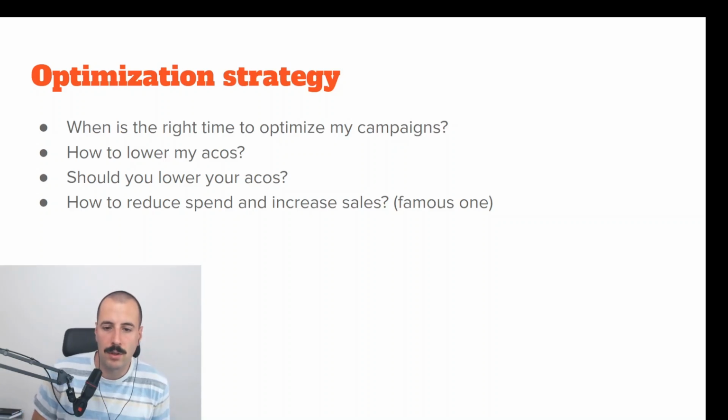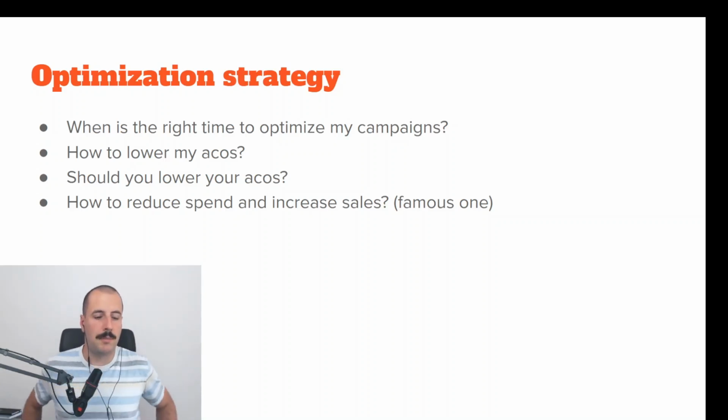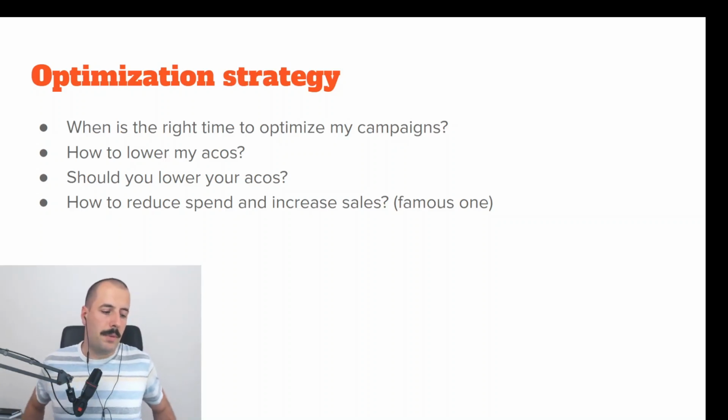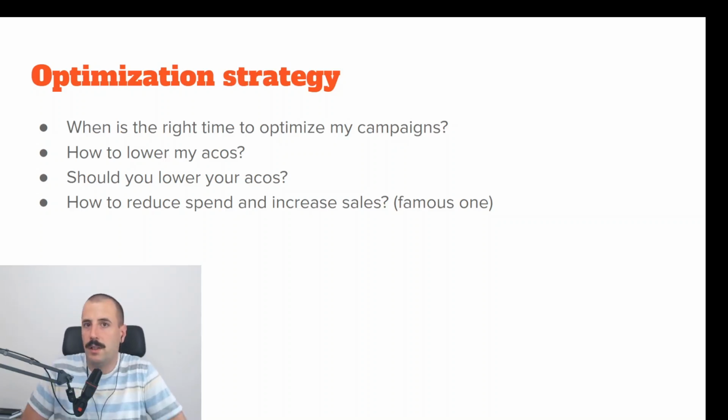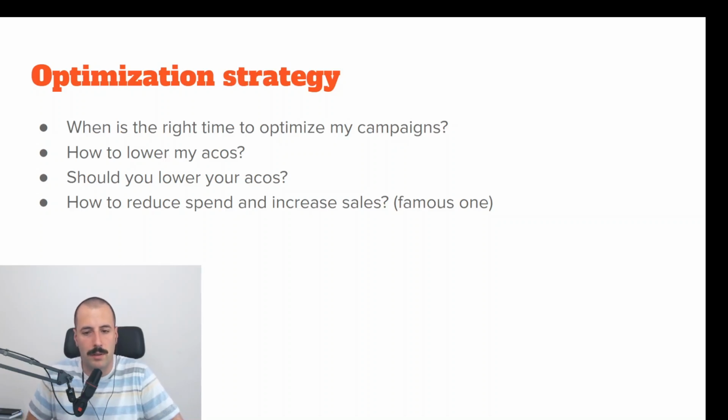So there's no actual right time to optimize, but to optimize based on the data. You can even wait 3 weeks for a sponsored product campaign, and in 3 weeks you will accumulate 13 clicks, and with a low conversion rate, that's not justifiable to make any change if you have only like 12 clicks accumulated over 2 or 3 weeks.